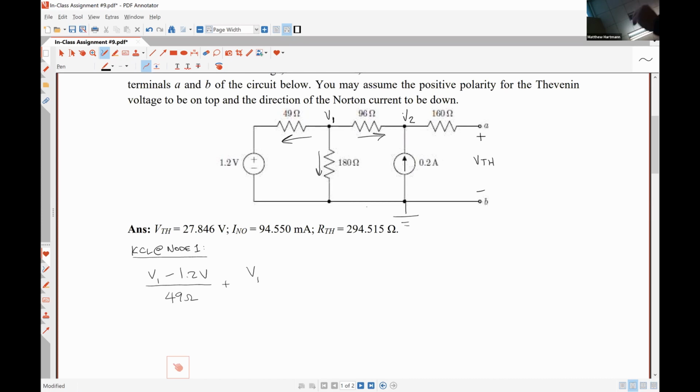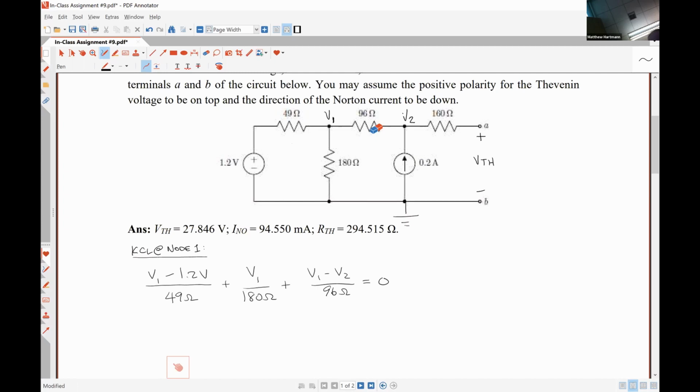So it's V1 minus 0 over 180 ohms. What about the current flowing from left to right through the 96 ohm resistor? V1 minus V2 over 96. Alrighty, and set all these equal to 0. So that is our KCL at node 1 equation.